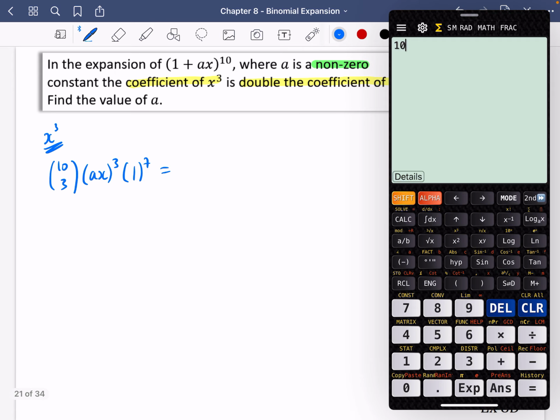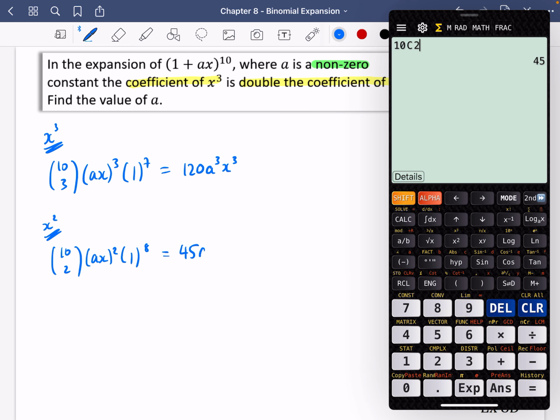So 10 choose 3 is 120. We would have a cubed, x cubed, and 1 to the power of 7 is just 1. So for the x squared part, we're going to do 10 choose 2, ax squared, 1 to the power of 8. So let's do 10 choose 2.